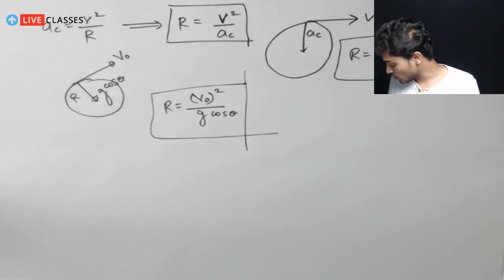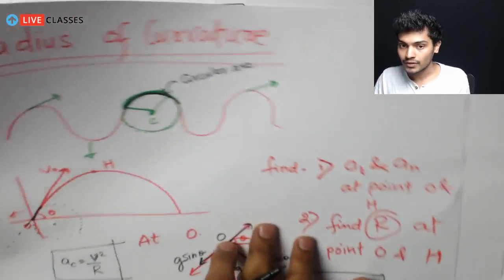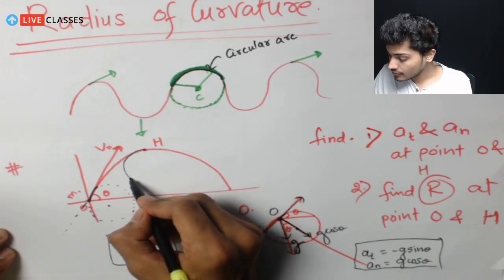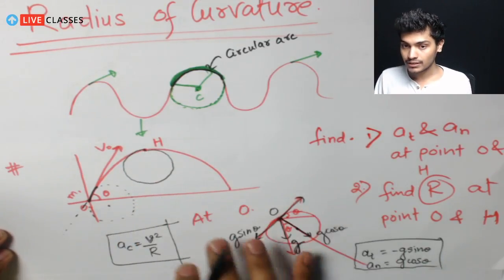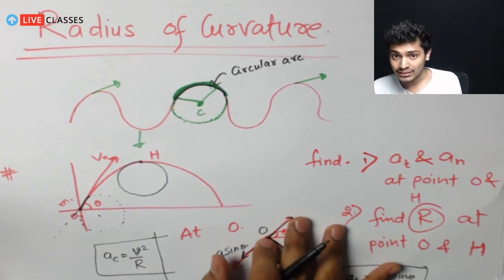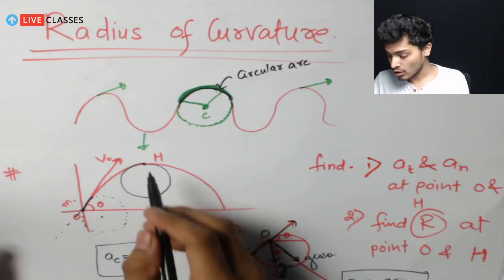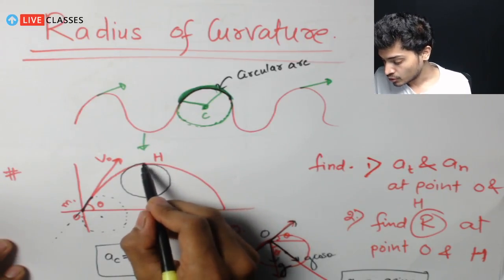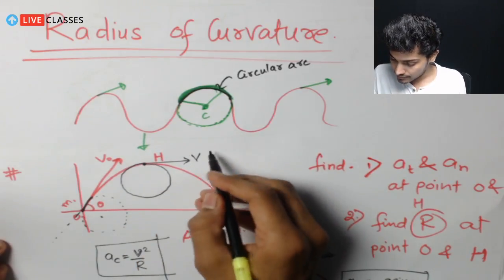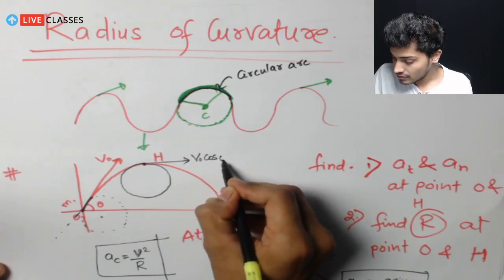Now let's consider the point H, which is the highest point of the projectile. So at point H, let's draw some circle. Here this is point H, and as we know, at the highest point of the projectile we have only the horizontal component of velocity. There is no vertical component of velocity at the highest point. So velocity at the highest point will be v naught cos theta, right?